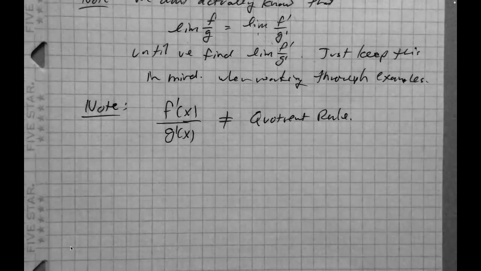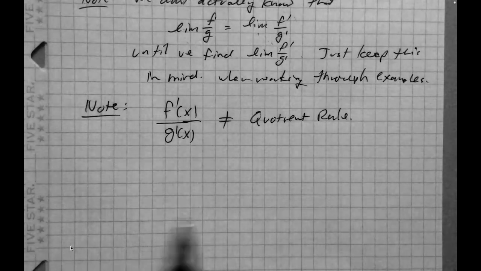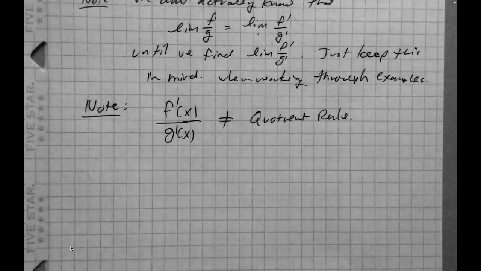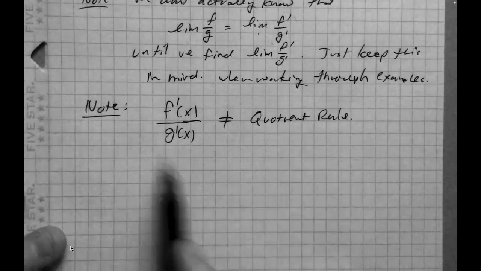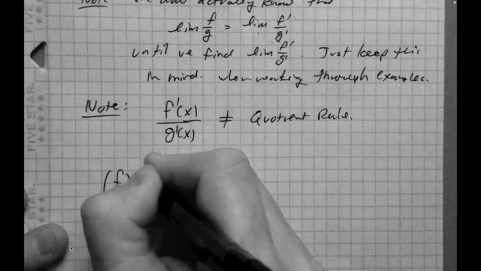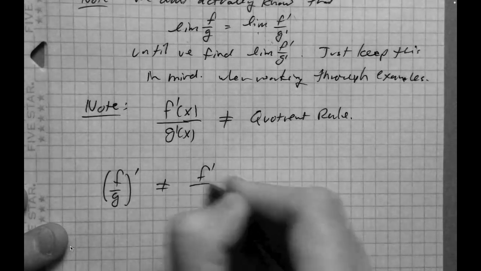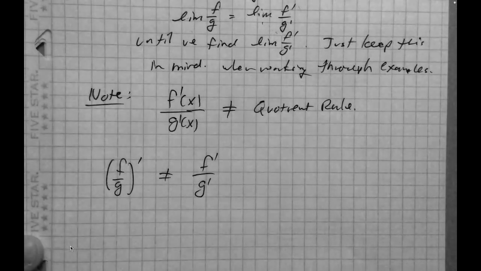A lot of times when teaching this class, I've seen people see f over g, a ratio of two functions, and they'll assume the quotient rule. This is just totally different than the quotient rule. The quotient rule is this, and that is not the same thing as this, okay?